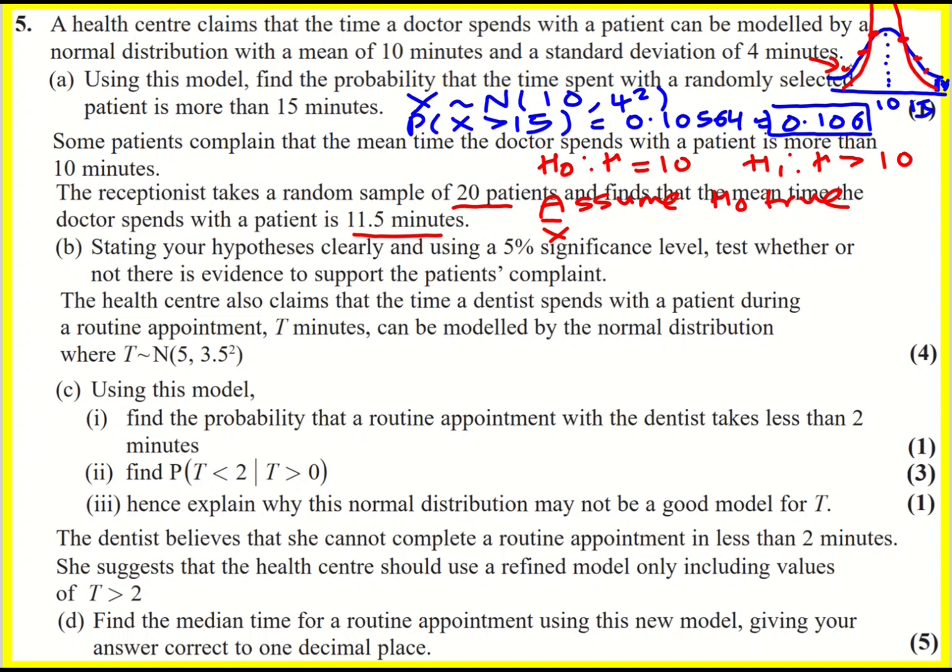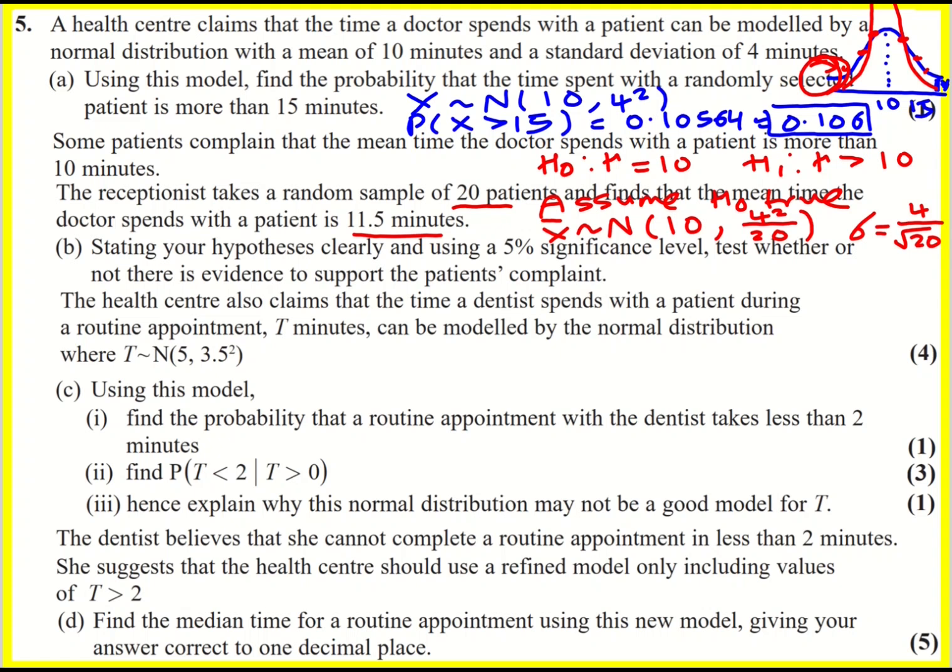It's very unlikely you're going to get 20 values and end up around one of the tails. So the sampling distribution still follows a normal distribution of mean 10, but now the variance is 4 squared divided by 20. You divide through by n, which means the standard deviation is then 4 over root 20, and that is what we're going to need to be using in our calculation.